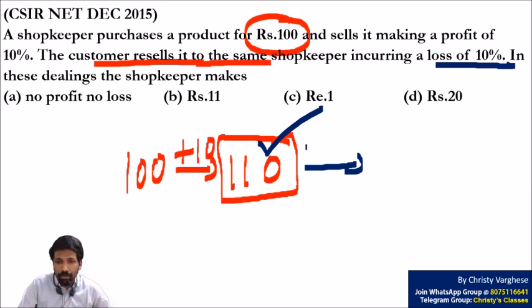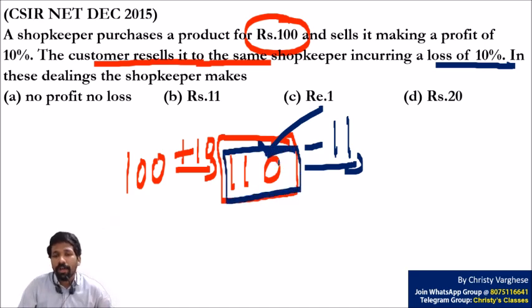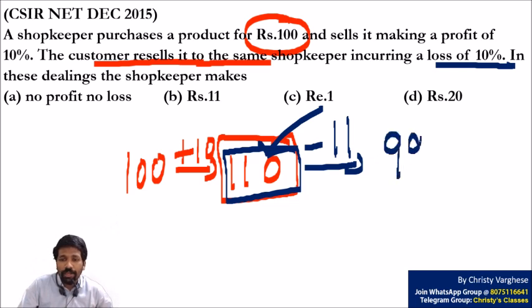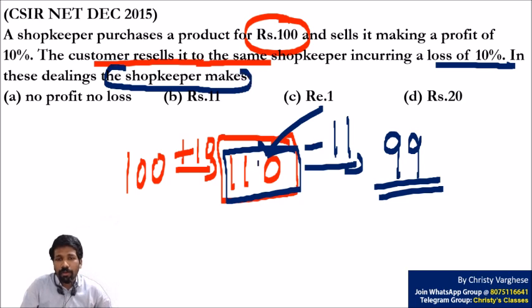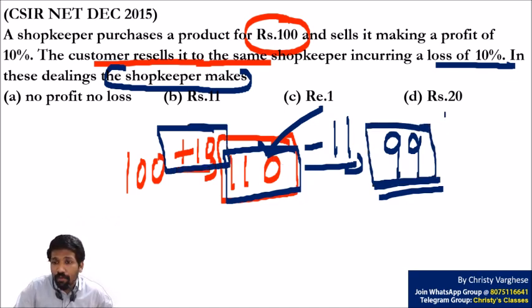It is not 10 rupees now, it is 11 rupees, because it is 10% of 110, not 100. That means 110 minus 11, 99 rupees is the money the customer gets back. But finally the question asks, in all these dealings, how much profit or loss does the shopkeeper make in total? Initially the shopkeeper makes a 10 rupee profit. Finally he makes a 1 rupee profit.